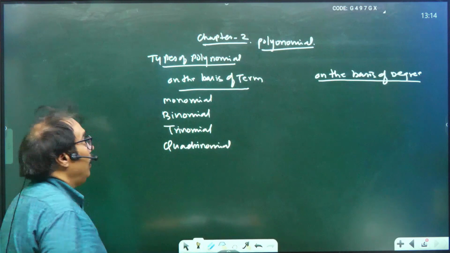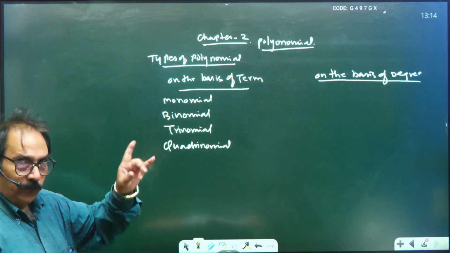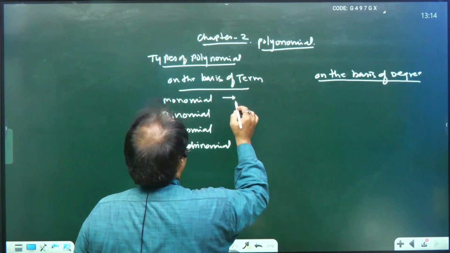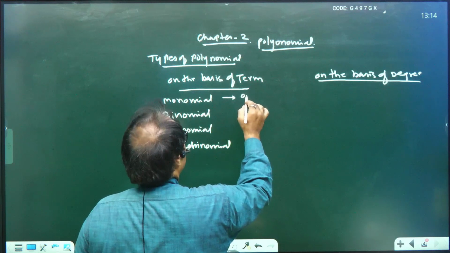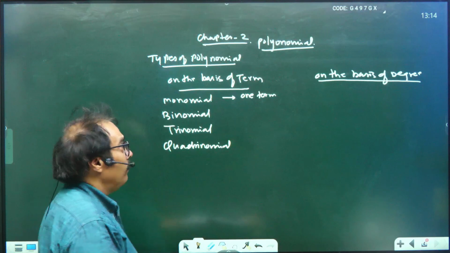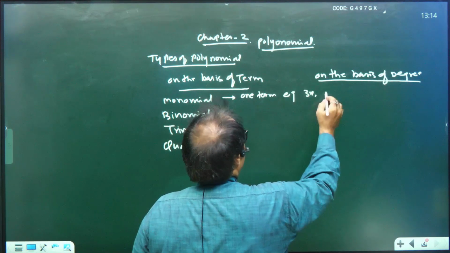Now, what is the meaning of mono? Mono means one. So if any algebraic expression has only one term, that is called a monomial. For example, it may be 3x, or it may be only 2.